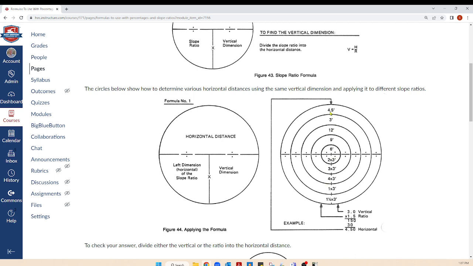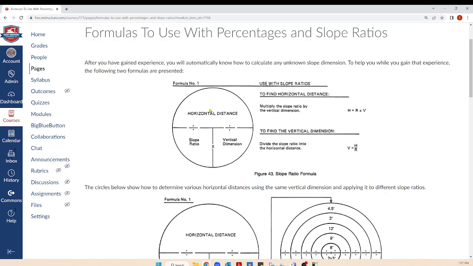Say you have a 4.5 foot here, you go around, divided by 1.5, that equals 3, and 1.5 times 3 equals 4.5. Here 3 divided by 1 equals 3, and if you go on around, 1 times 3 is 3. I don't get the practicality of it as much as I get the practicality of this right here.